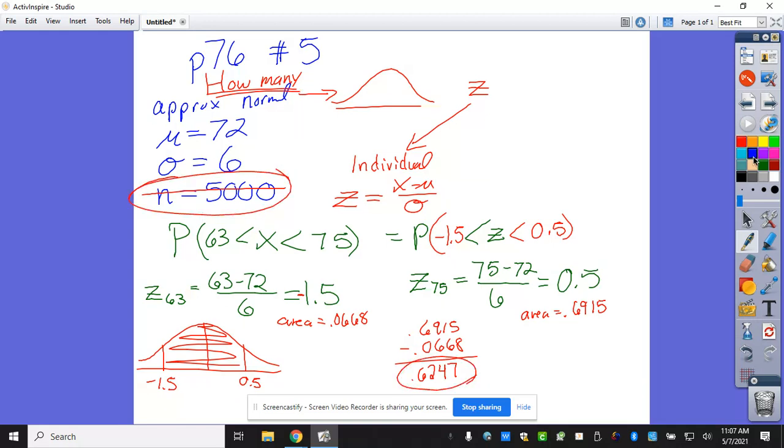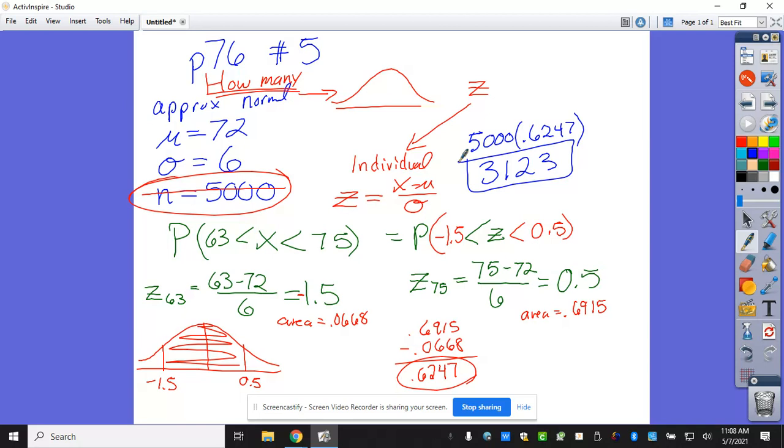So your answer is going to be found by doing 5,000 times 0.6247. Type that in the calculator for me. I think it's 3123, but I'm not sure. 3123-ish. It says to the nearest integer, so it rounds to that one.